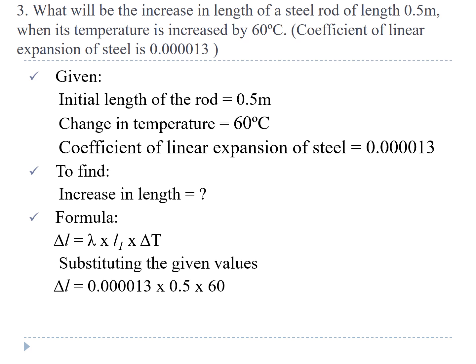Only multiplication you have to do in this, there is nothing else. We have substituted the values, and if you multiply, you get 0.00039 meter. So the change in the length is this particular value.